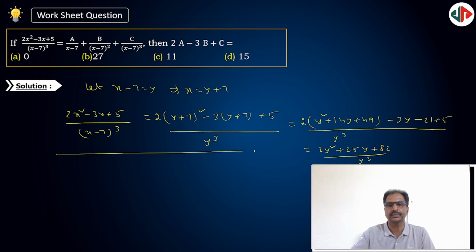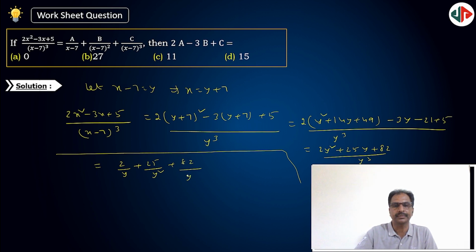Now split that into different terms: 2/y, 25/y², 82/y³. Now replace y with x − 7.